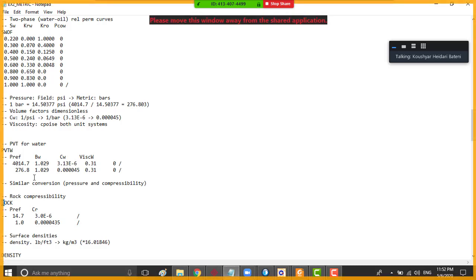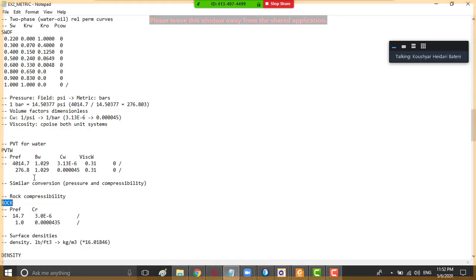The next keyword is ROCK. What does it mean? Here you have to input the compressibility for the reservoir rock at a specific reference pressure.